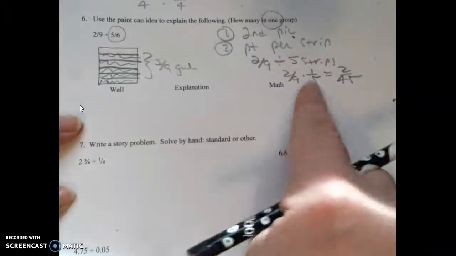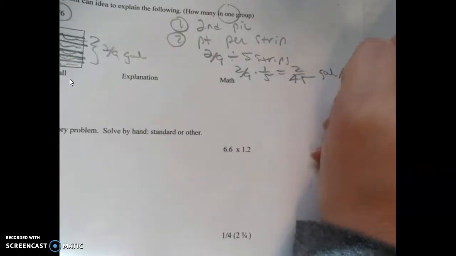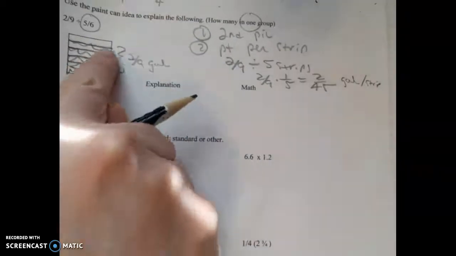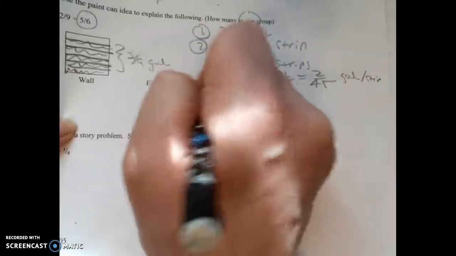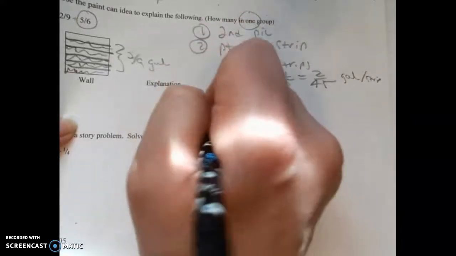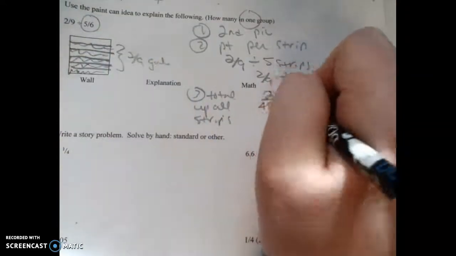Right, and this is the gallons of paint for each strip. All of these are the same, so I'm going to take 2/45 and total up all strips. So 2/45 times 6 strips.